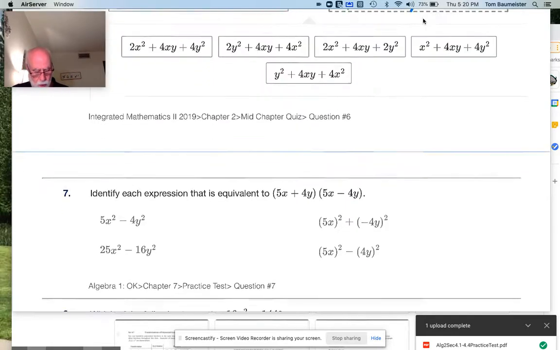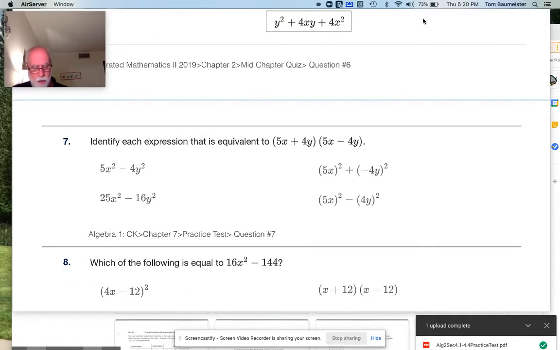Okay. Number 7, identify each expression that is equivalent to 5x plus 4y and 5x minus 4y.